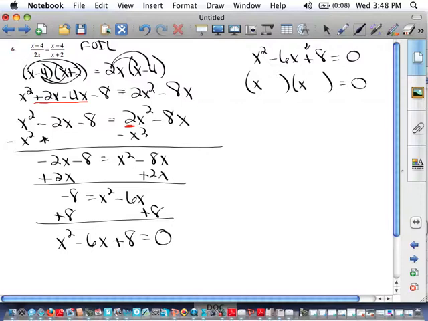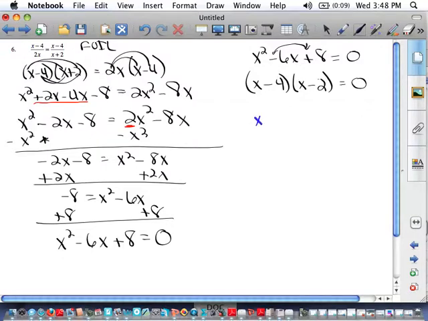That tells me that these are either both positive or both negative. So I go to the second term and I see that that's negative. That tells me both of these must be negative. So what multiplies to 8 and adds to 6? 4 and 2.